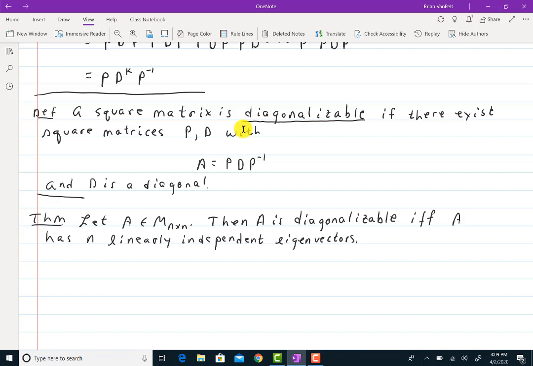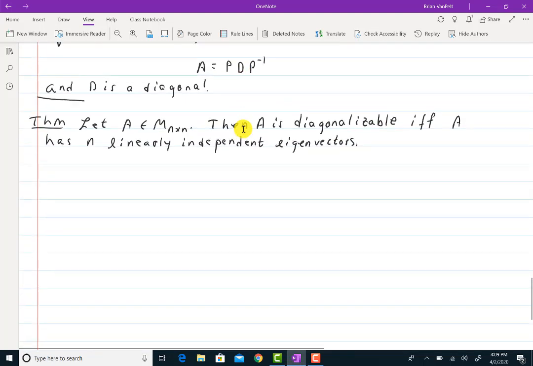So I've talked about the if and only if before. There's two parts to this. What we do when we do the proof is we go in two directions, they call it. Here's what I mean. When I put my arrow like this, I'm going to assume the first part of it, which is we will assume that A is diagonalizable.